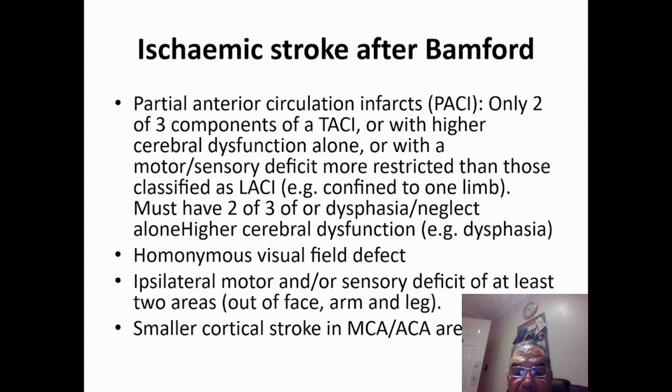The third in this category is the partial anterior circulation infarcts, PACI, and basically they have some components overlapping with the total anterior circulation infarcts, but there's a motor sensory deficit, and they have also visual field defect, ipsilateral motor and sensory deficits, and these are usually smaller cortical strokes, again involving the MCA or the ACA territory.